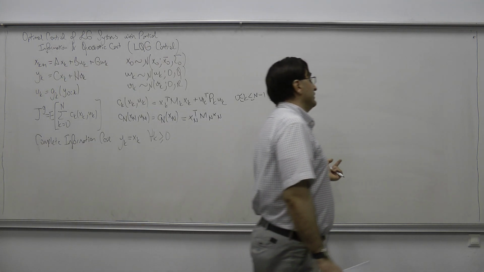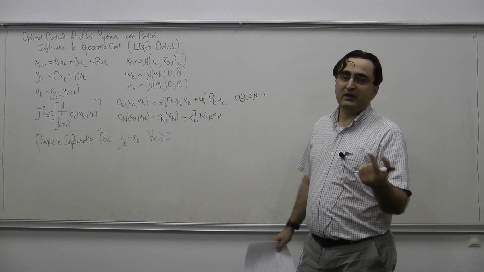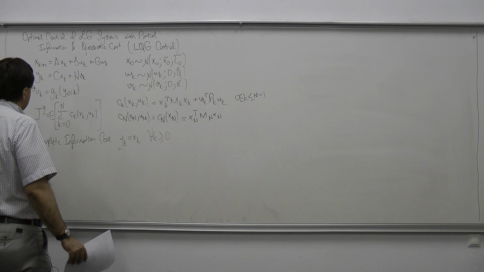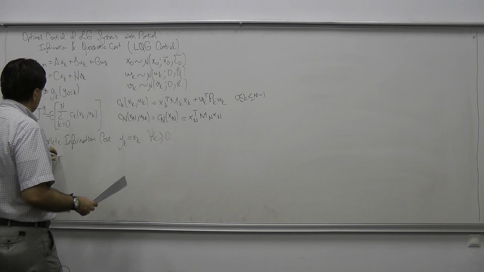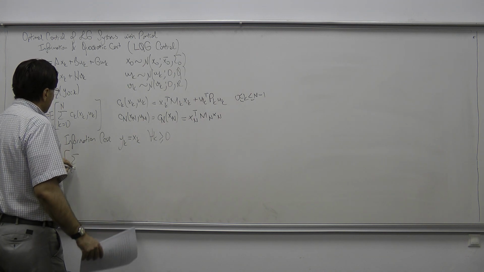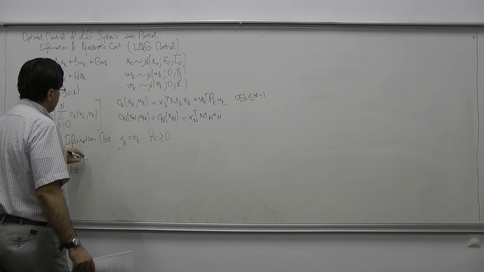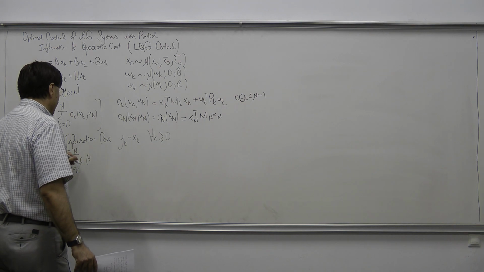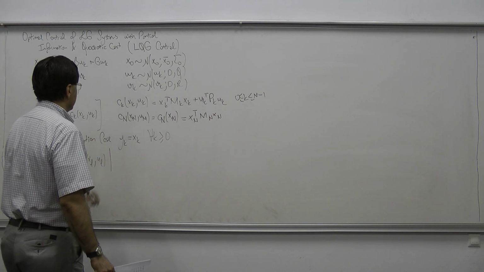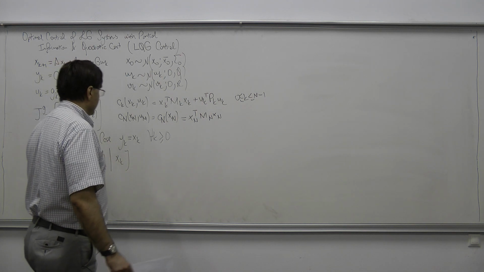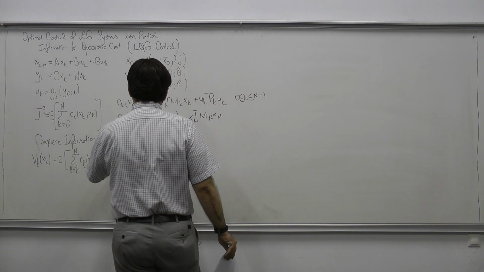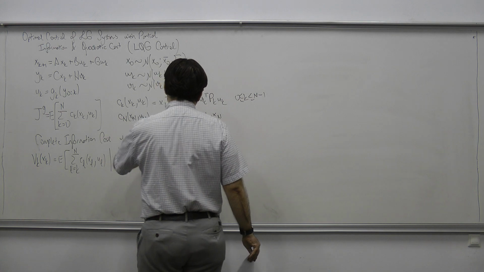That recursion was based on a function, Vk of xk, defined as follows: Vk of xk is equal to the expected value of the sum over L from k to n of CL of XL, UL, given the state at time k. Remember, this function was defined as the cost to go function.